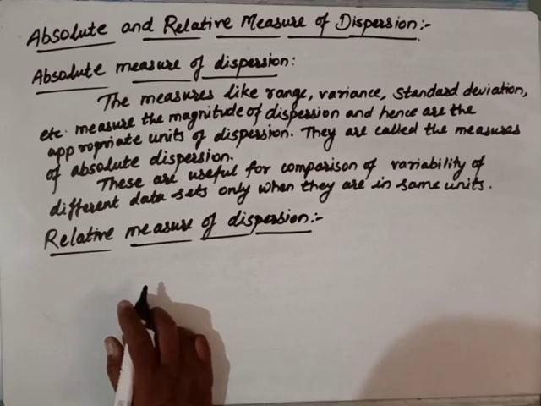Actually, these measures of dispersion are independent of units and can be used for comparison of variability even when the data sets are of different sizes and different units also. Such measures are obtained by taking the ratio of a measure of dispersion and some central value of the data.